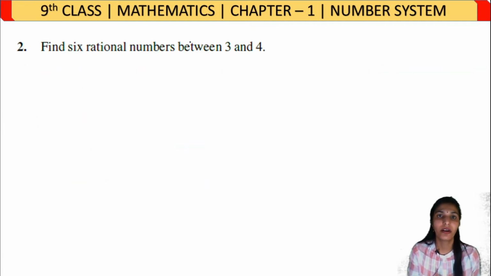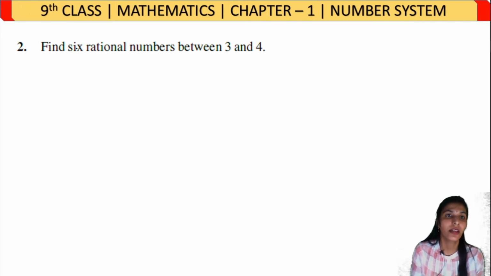Find 6 rational numbers between 3 and 4. So here they are asking for 6 rational numbers between 3 and 4. Now check, are 3 and 4 rational numbers or not? I can write 3 as 3 by 1 and 4 as 4 by 1.